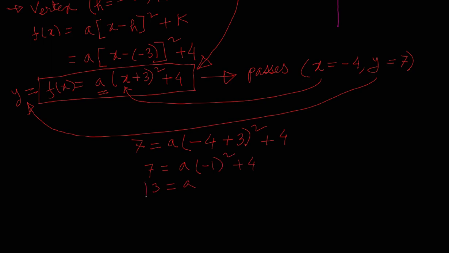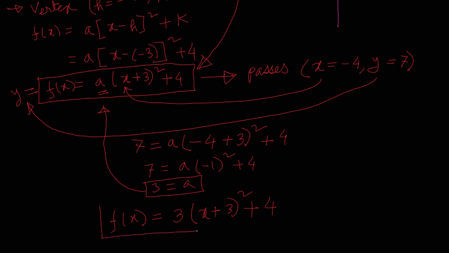So a equals 3. Now let's put back the value of a. The function is f(x) = 3(x + 3)² + 4. This is the final equation of my quadratic function in standard form. Okay, so that's the final answer.